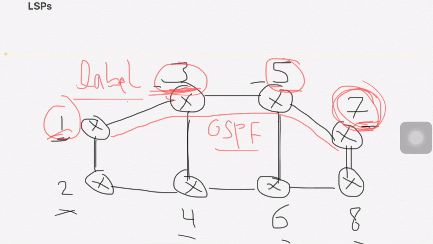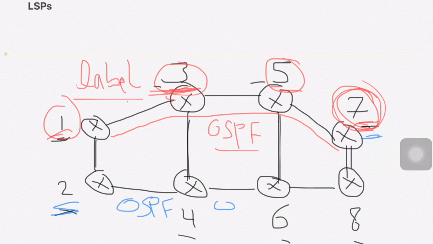For router 2, if router 2 has information about router 7, also using OSPF, the OSPF routing protocol can select the best path for router 2 to get to router 7.